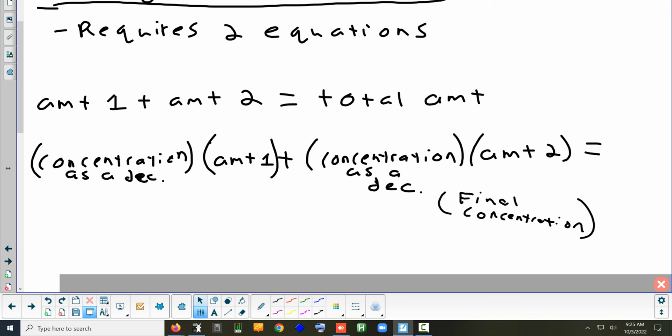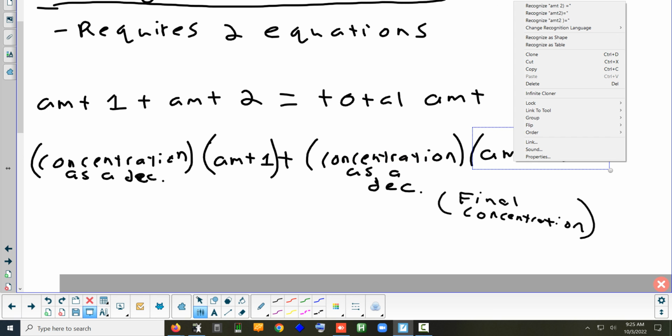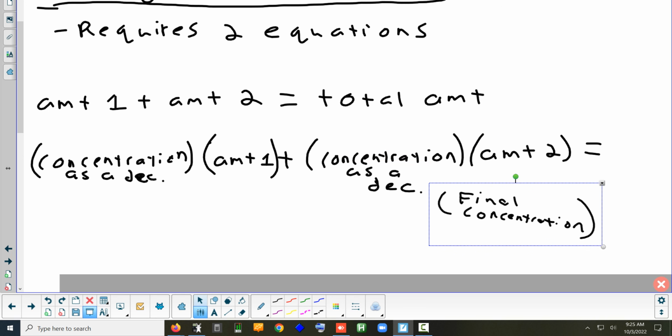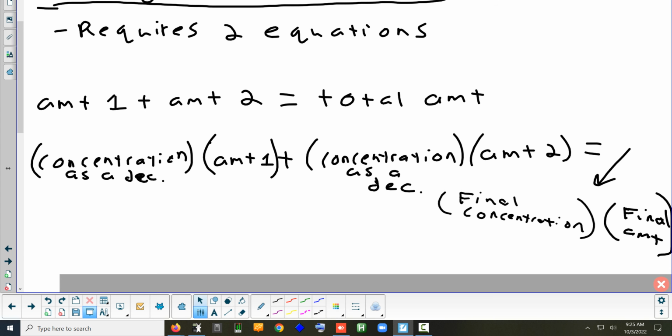Concentration times amount plus the second concentration times the second amount equals the final concentration times the final amount. I just ran out of room to put that there. Again, that's as a decimal too.